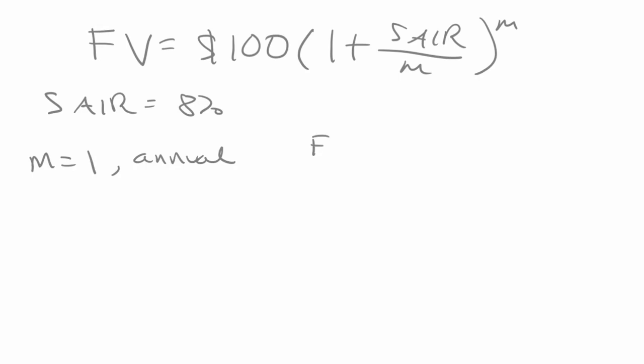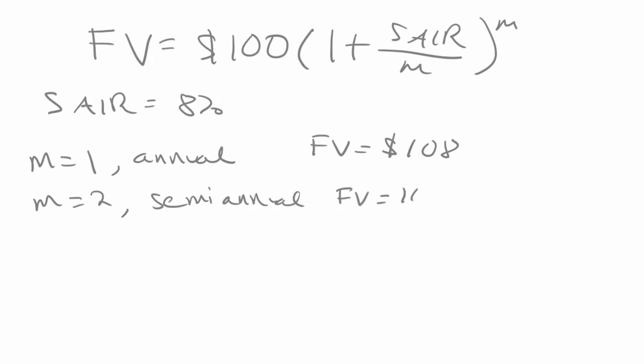So our future value is just simply 108. You can see how that works in this formula. When M equals 2, now we're doing semi-annual compounding. The future value is equal to 100 times 1.04 squared, which is $108.16.